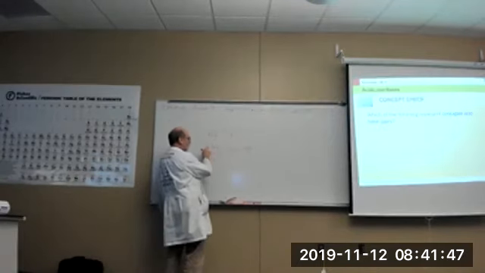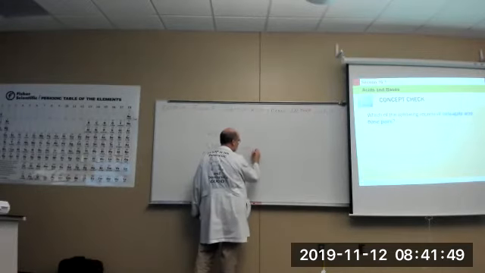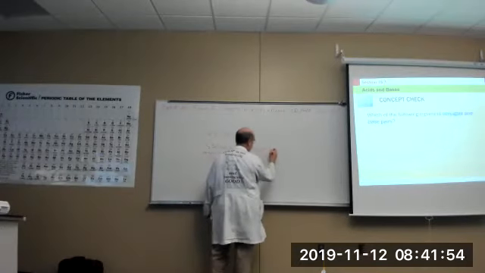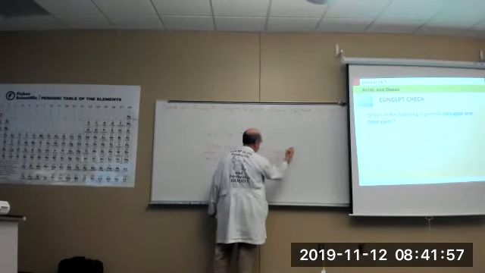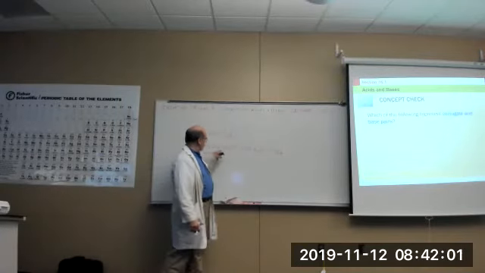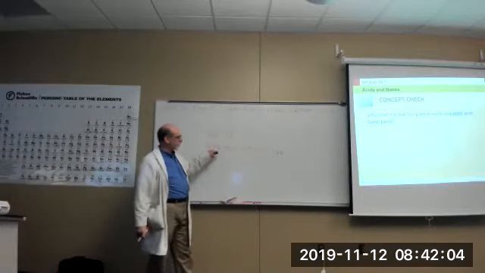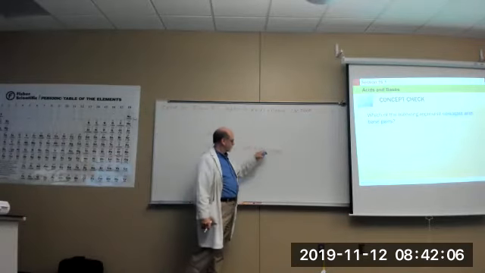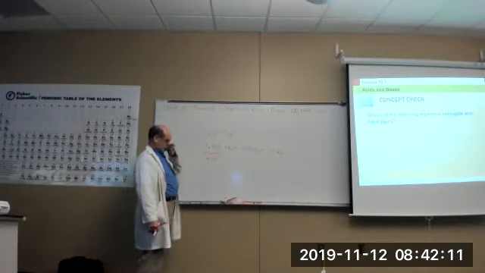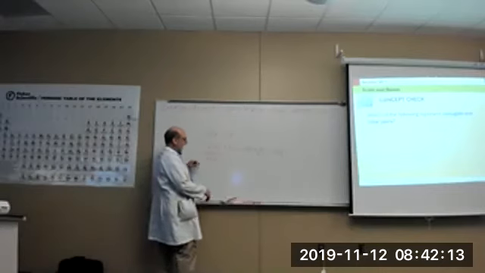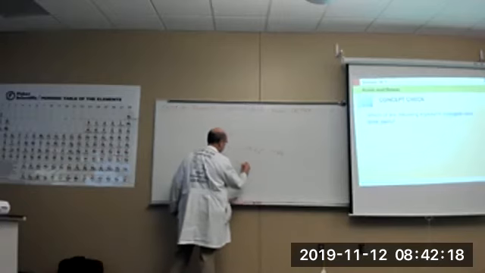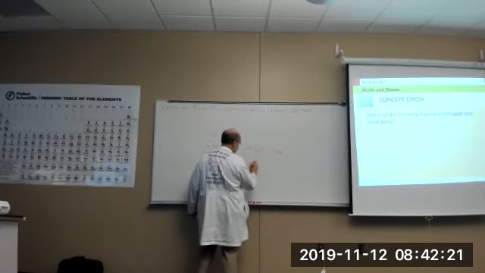So if we transfer one proton, that gives us the hydronium ion plus what's left over, HSO4. Right? Because when that proton left, it left an electron behind. Plus, if you put those two together, they balance. So the acid-base pair in this one is that and this.